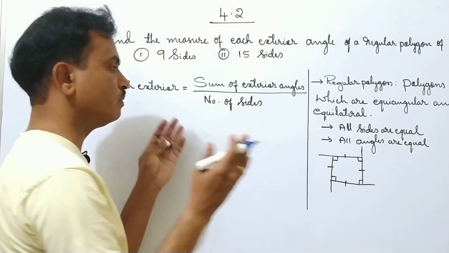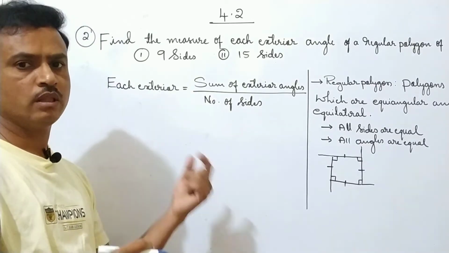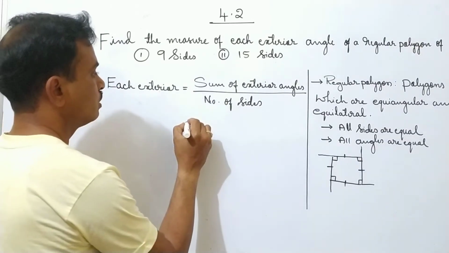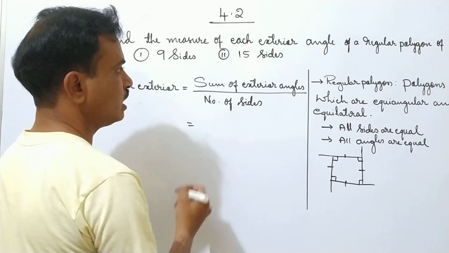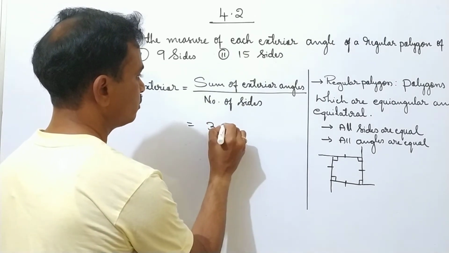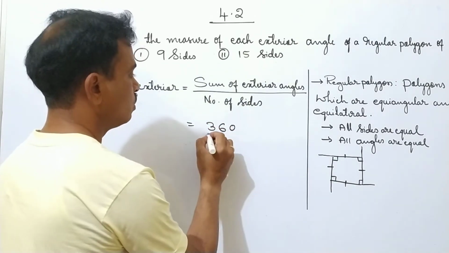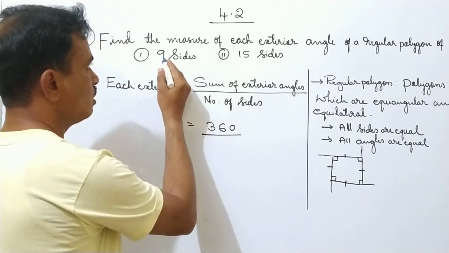How many sides are given in the regular polygon? That we have to take here. Then the sum of exterior angles, that is 360 degrees, whole divided by how many sides?